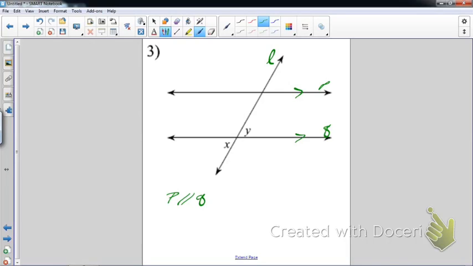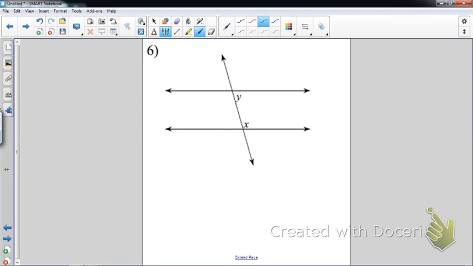So little p and little q, they're parallel. And what I'm looking at is angle x and angle y. And I notice that these two are vertical angles. So they're vertical angles to one another. Super simple, just part of the definition.